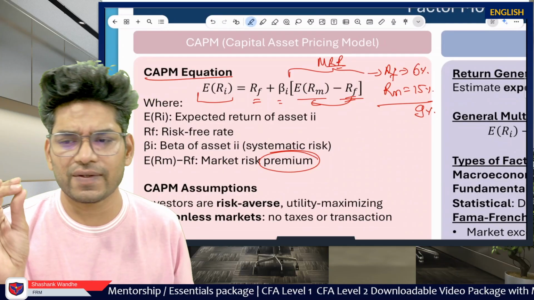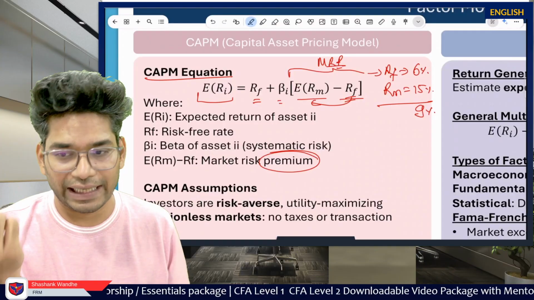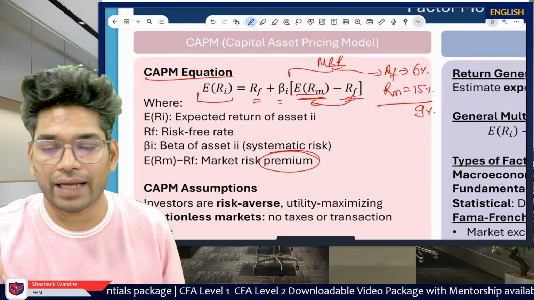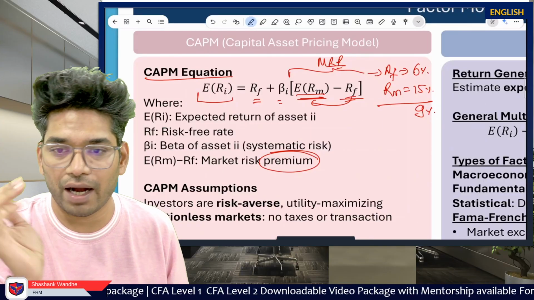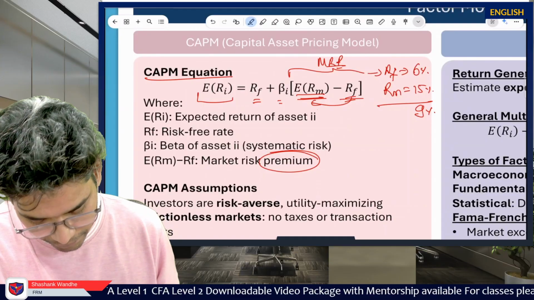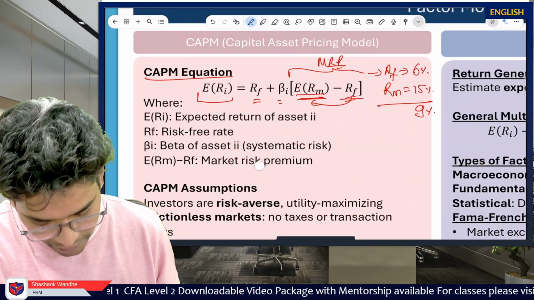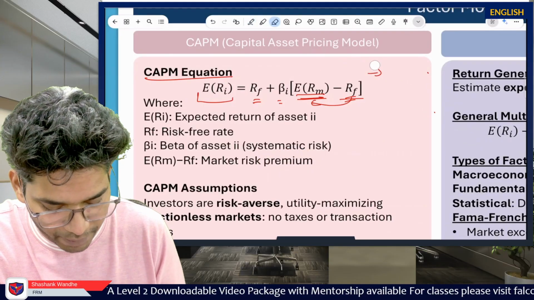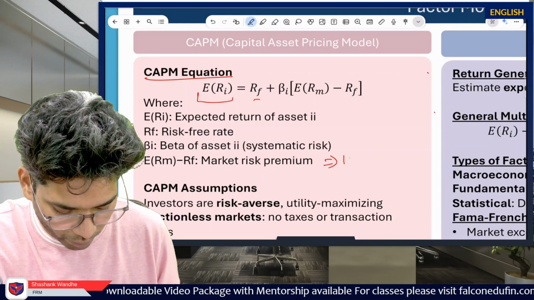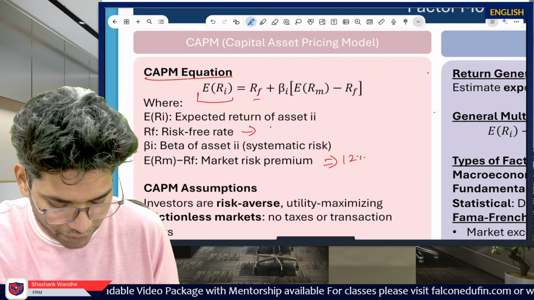So remember the differentiation. Market return is the expected return of the market, that is ERM. RM minus RF is the market risk premium. Some students may make a mistake in this particular part. Let's say you are provided with the market risk premium of 12% and the risk-free rate of 7%.